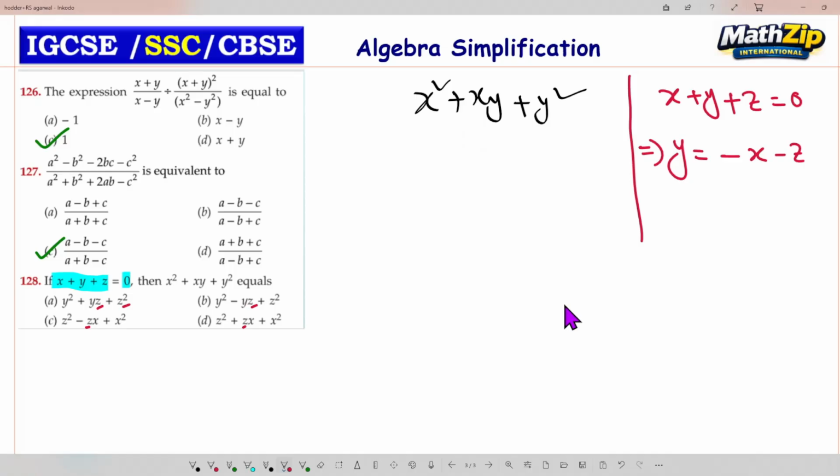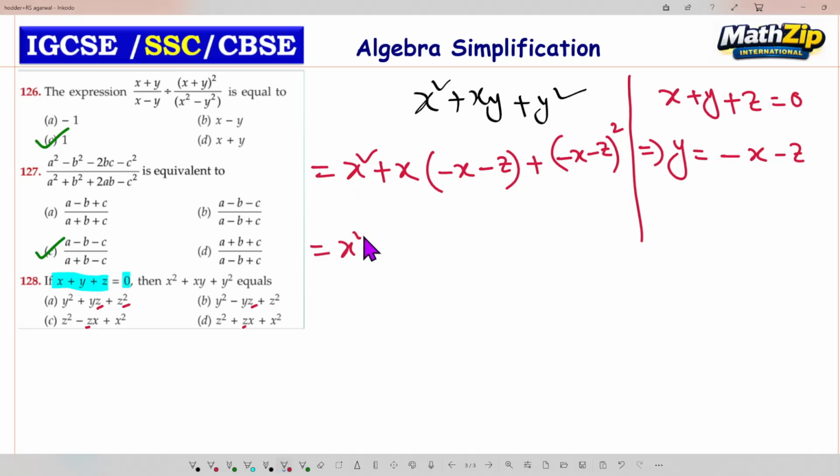So we write x square plus, here is x, and against this y we write minus x minus z, right? Then plus, this is a y, so against this one we write minus x minus z whole square.